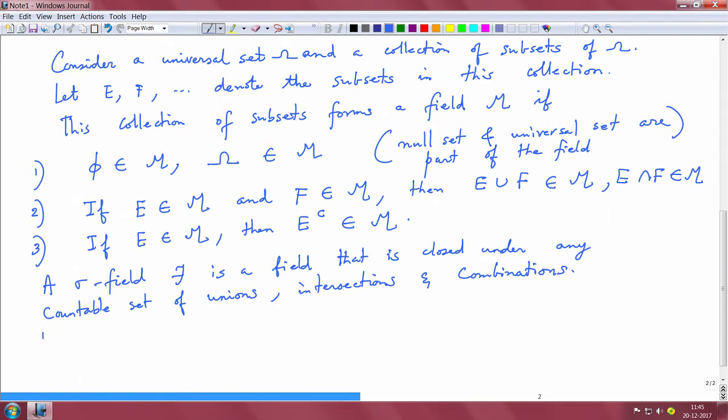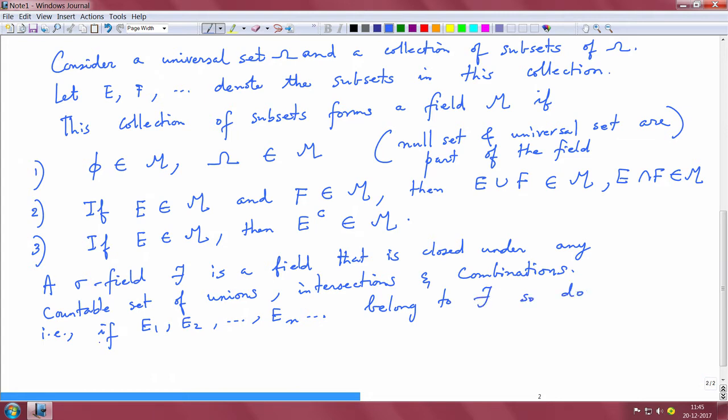That is, if E1, E2 and so on till En, maybe you can extend this, belong to the field.